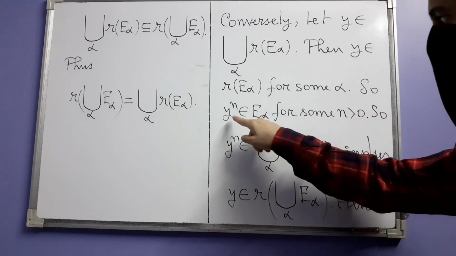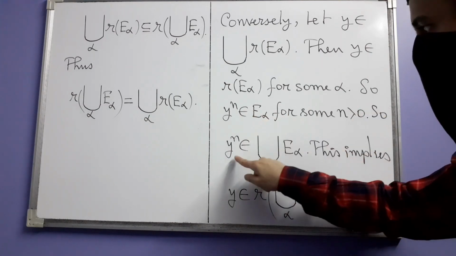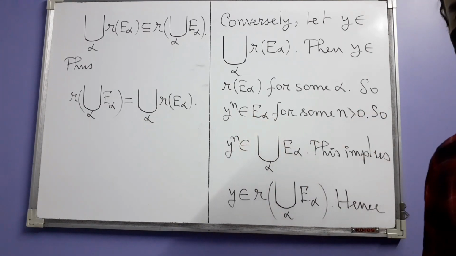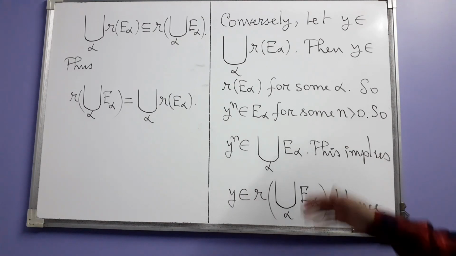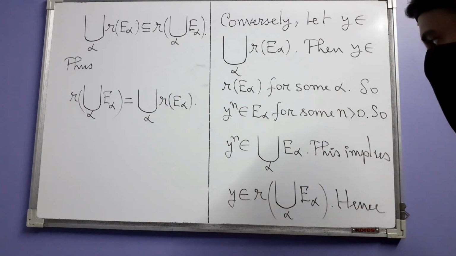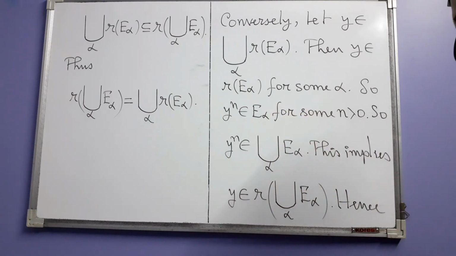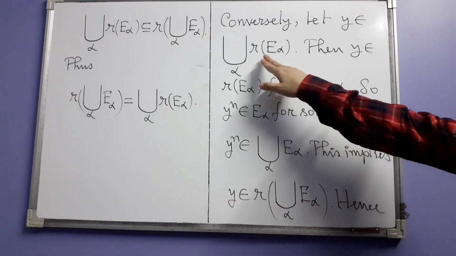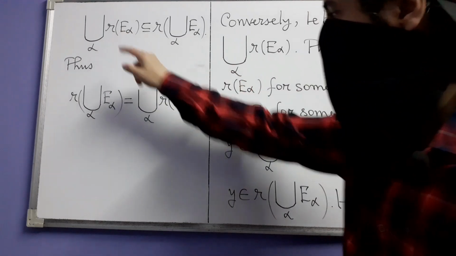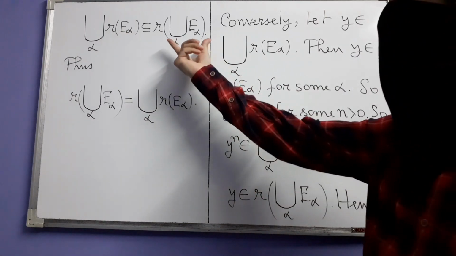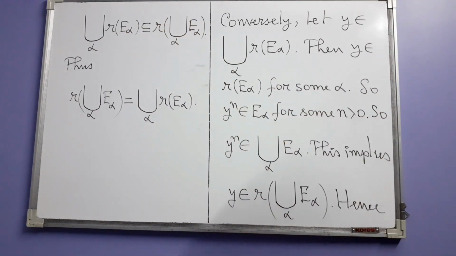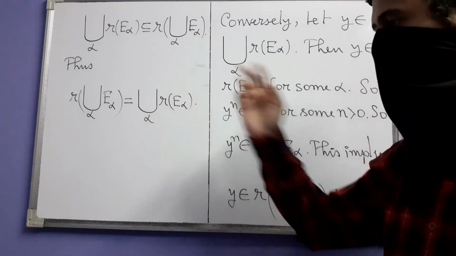But then if it belongs to E alpha, it also belongs to the union of all the E alphas. And that is why again by the definition of radical, y then belongs to the radical of this union. And that is why any element here is also here. So this is a subset of this. Now combining the two containments, you have equality.